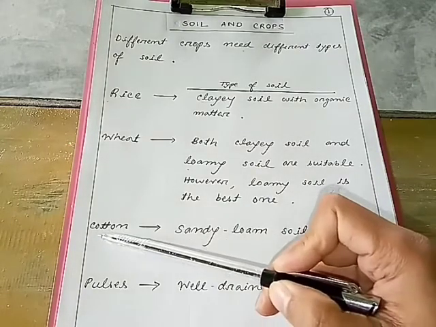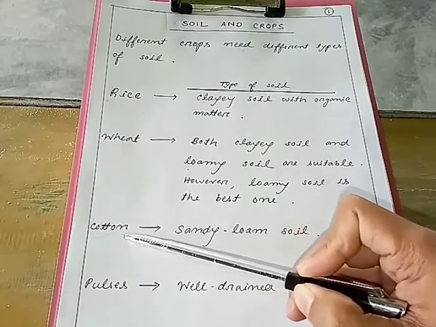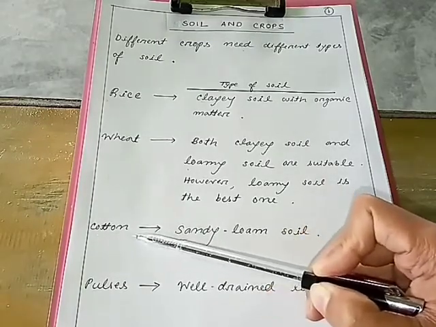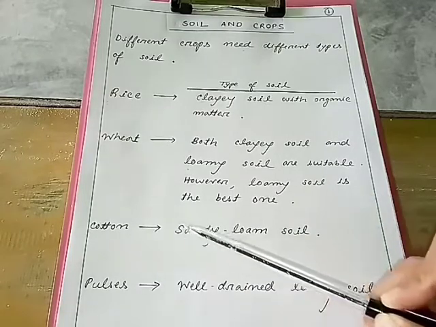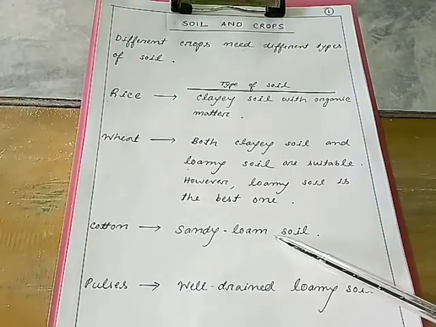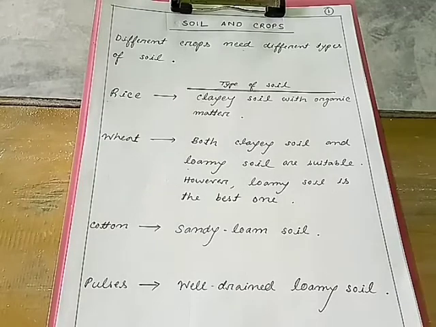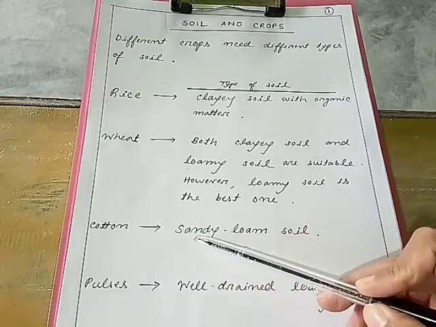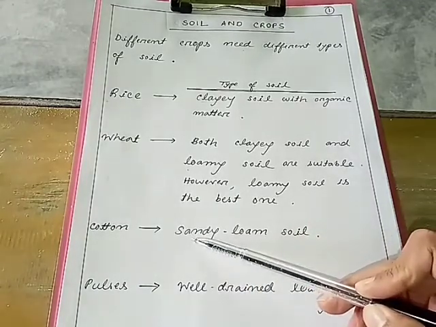Now let us come to cotton. You might have seen cotton plants. To grow these cotton plants, we need sandy loam soil, because more water is not needed.